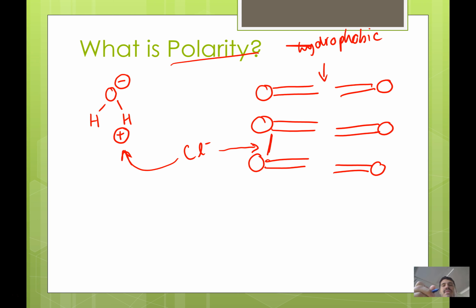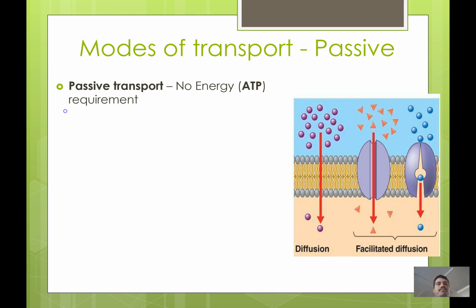So for example, if we were to have an amino acid, right, and this amino acid had some kind of charge, or it was simply polar, so it had one side that was positive, another side that was negative, it would be loving this water, right, because it's hydrophilic, because it's polar. But if it tries to go through the membrane, all right, it would once again get stopped here. Okay, and that's what polarity means, especially for biology. That's all you have to know about polarity.